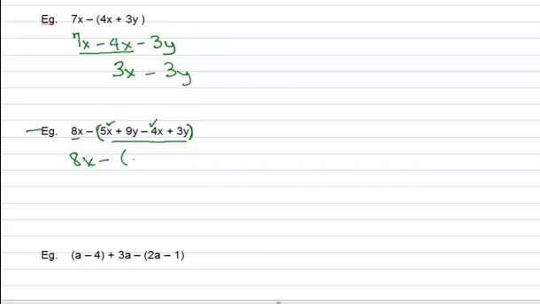It's always easier to do this first. So 5x and negative 4x is 1x. If you don't need the 1, don't worry. I'm just putting it in there for those who do. And then I have 9y and 3y, so that's 12y. And now I'm going to go ahead and get rid of that parentheses by distributing the negative.